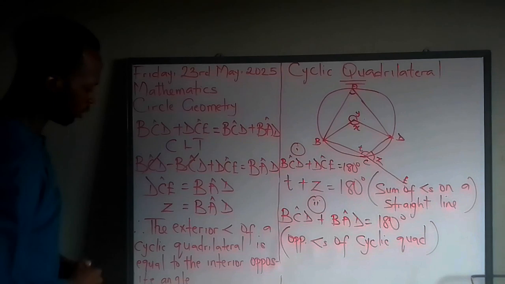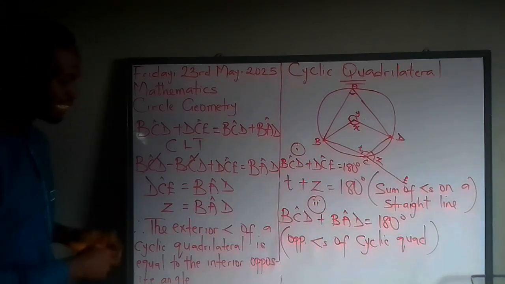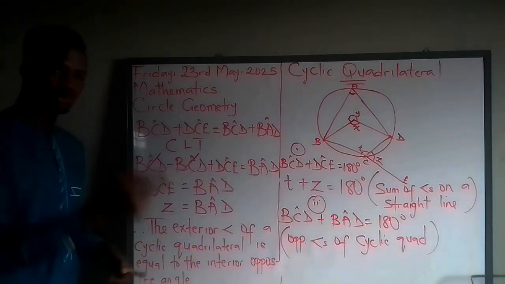The exterior angle of a cyclic quadrilateral is equal to the interior opposite angle.